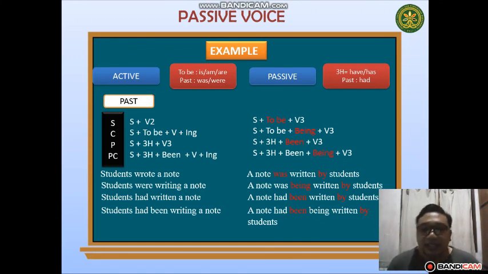Okay, that's all about the examples for past and also the definition of the passive voice. So the examples for the future and past future will be explained by my friends.